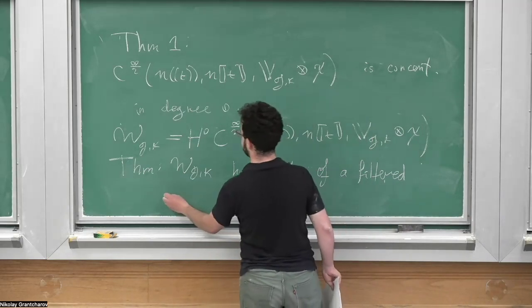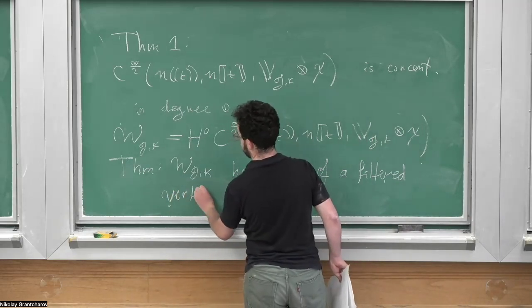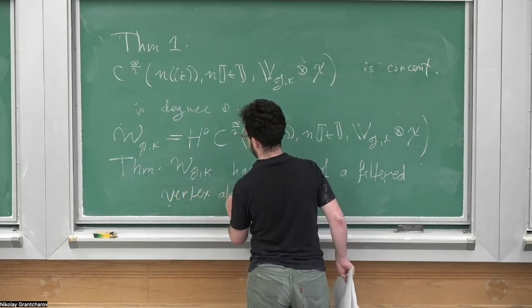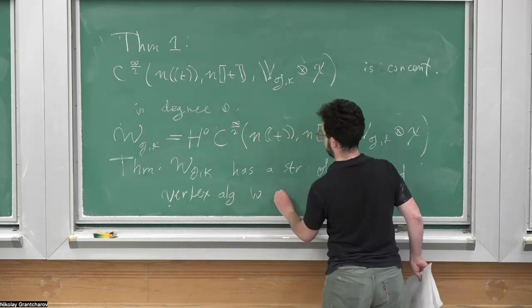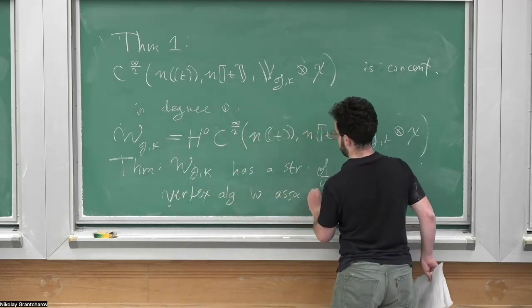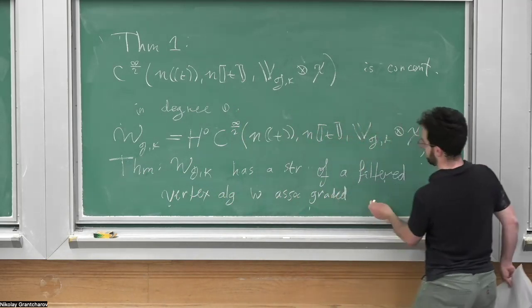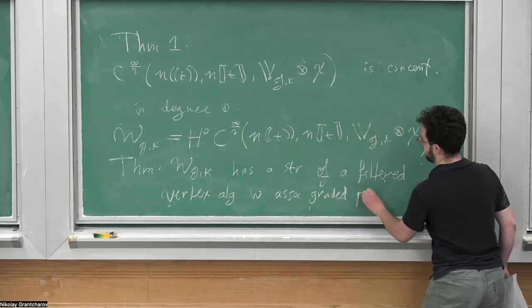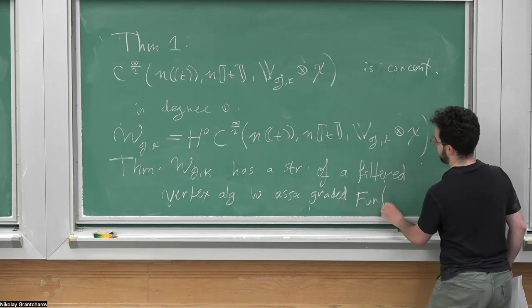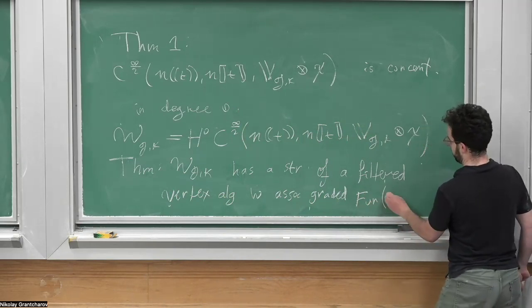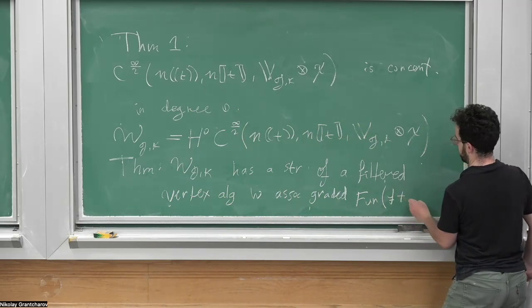Filtered algebra with associated graded, so it's going to be the Poisson algebra, but I did not define what the Poisson algebra is in this context, but functions on f plus.